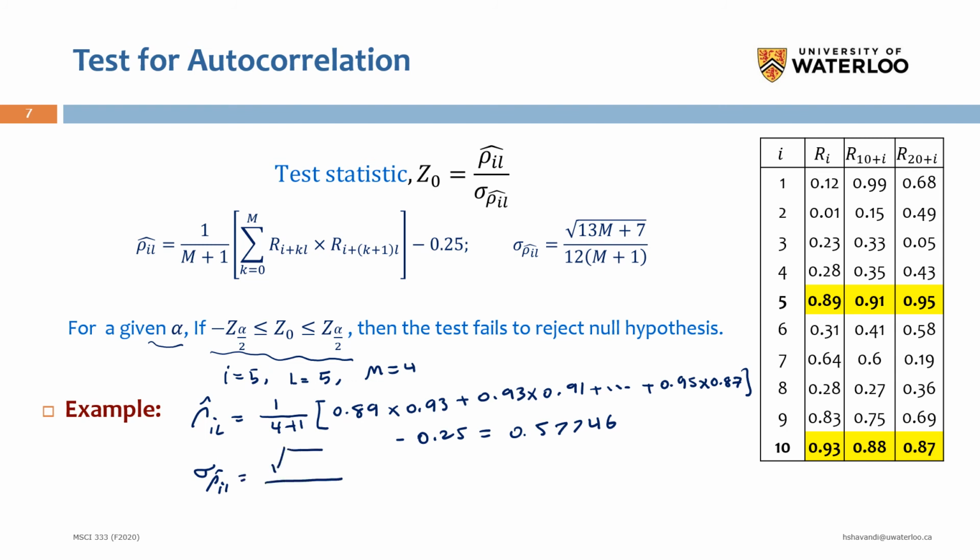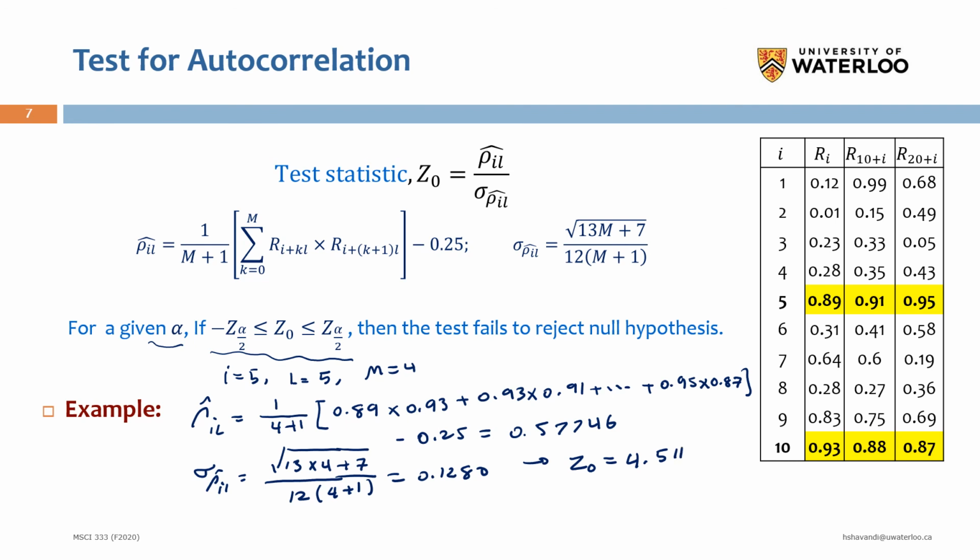And the sigma rho hat iL is this: we have 13 times 4 plus 7 divided by 12 times 4 plus 1, and it becomes 0.1280. So by having these two values, Z0 becomes 4.511.